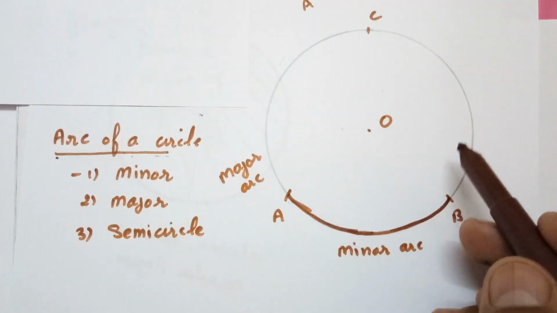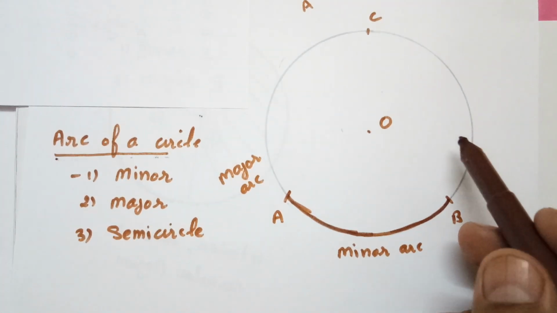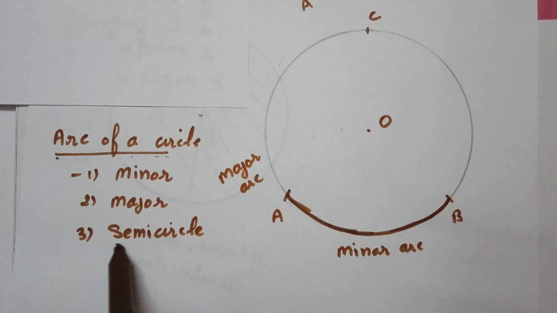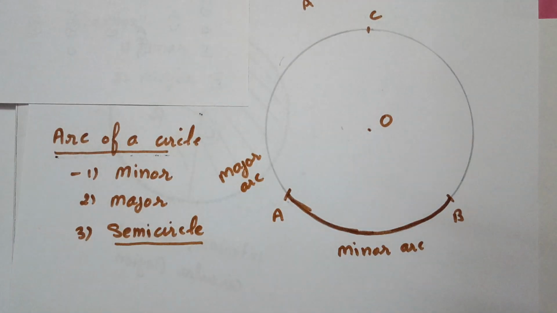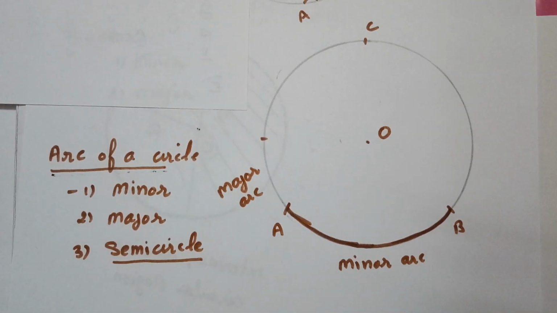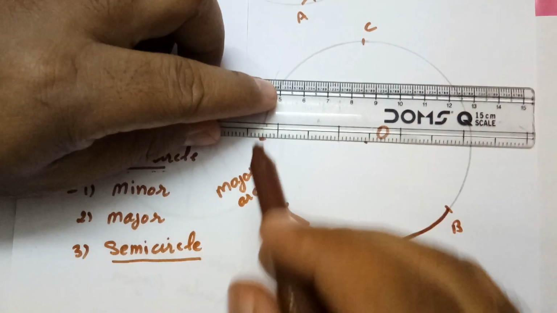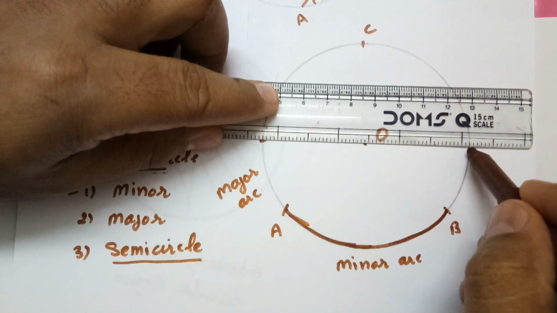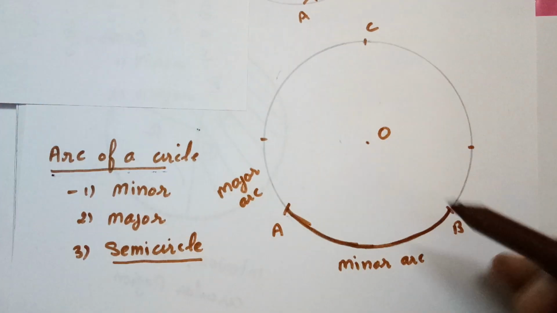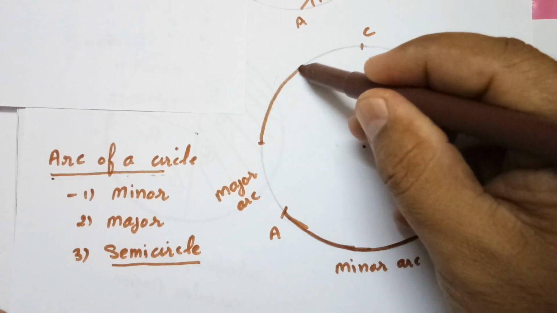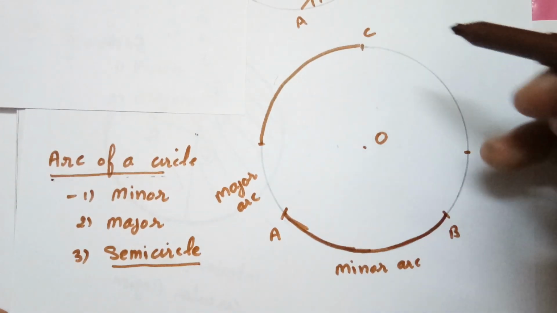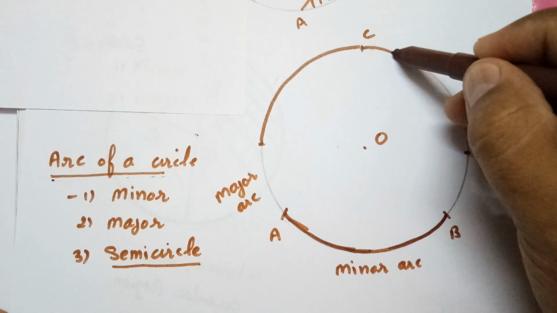And if both the parts are equal, then that will be called a semicircle. A semicircle is half of the circle. For a semicircle, we'll mark these two points, and this will be the semicircular region, because it will be half.